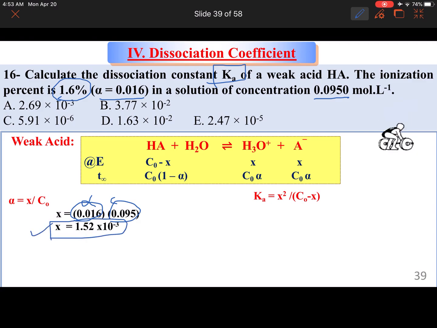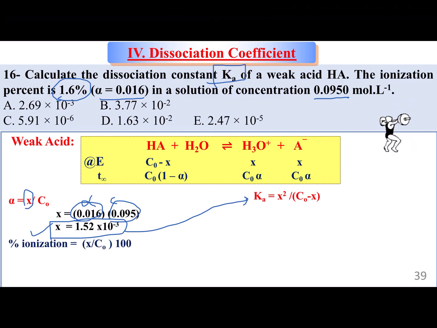Once I have my x, which is the amount dissociated, I simply substitute that x into my Ka expression, which is x squared divided by C0 minus x, and we're done. Okay? And you're all happy that that is exact.